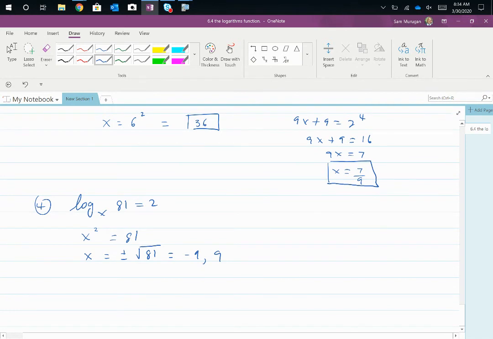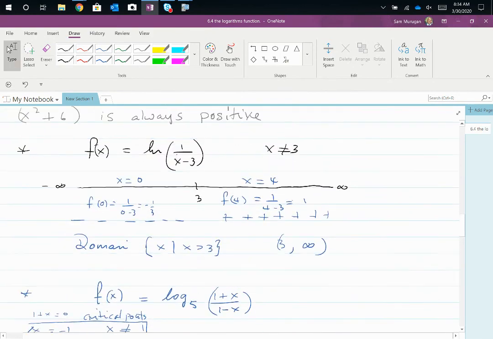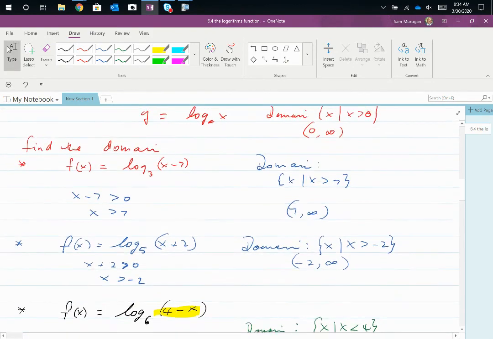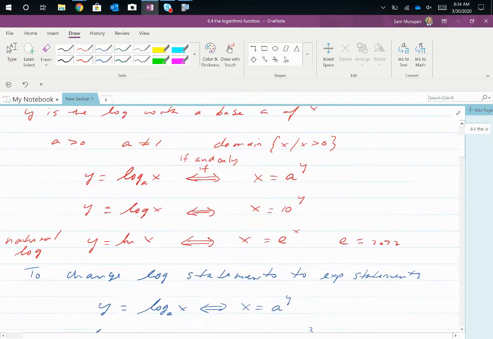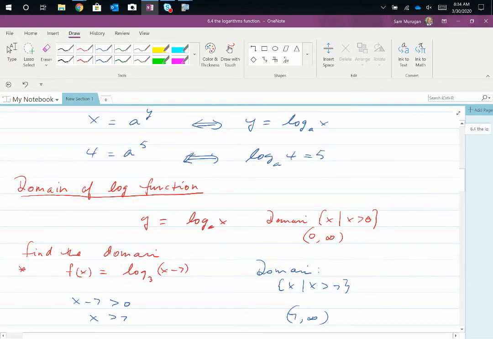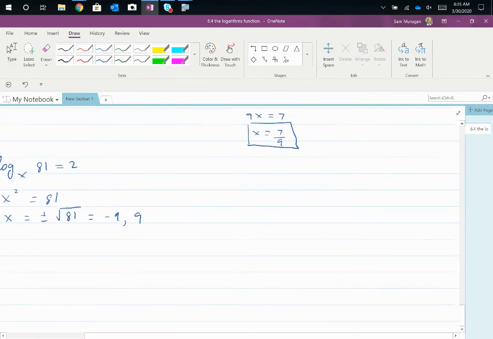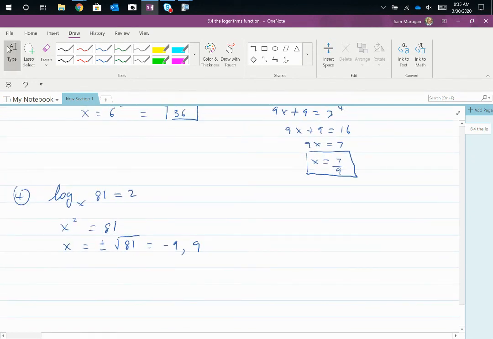However, notice that if we check the base based on our definition of the logarithm function, okay, going back to our definition here, I want to refer back to this to make sure you see that the base a has to be greater than 0 and cannot equal 1. So we have to eliminate the negative base. We can't have a negative base with this.